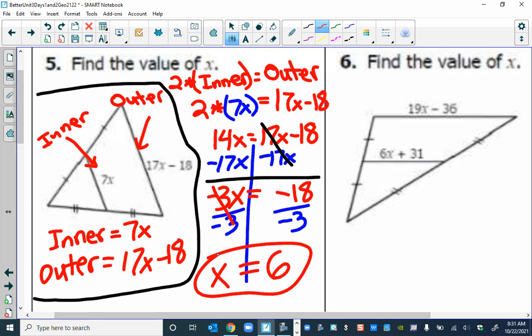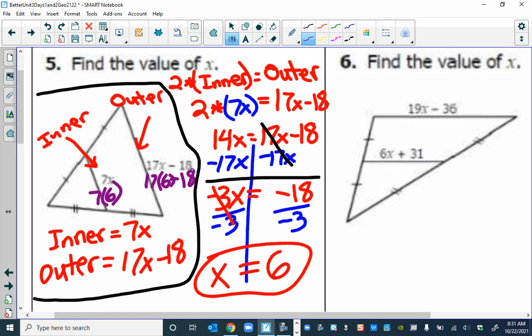Now, I could have said, find each value, find each length. But we can do that. Do we have to for now? No. But you can do it. All you do is just replace. You can try it at home. Check: 7 times 6, and then 17 times 6 minus 18. You have to see whether this final value is half the other final value.